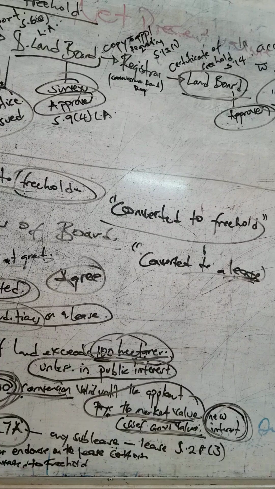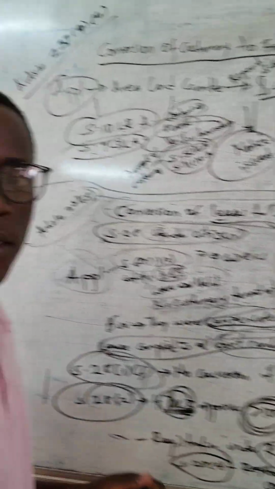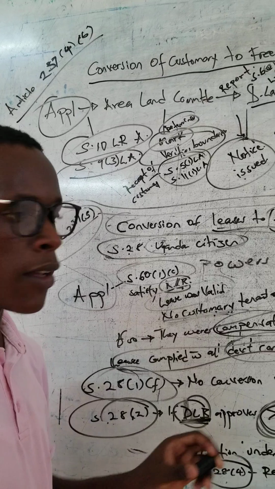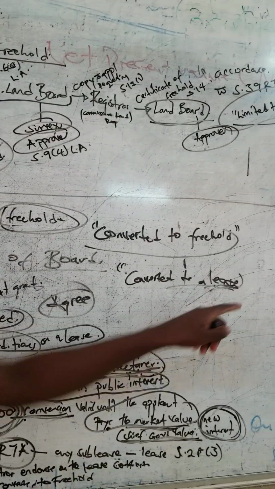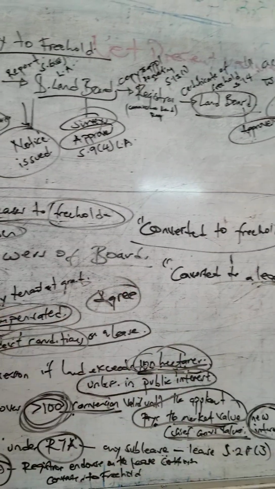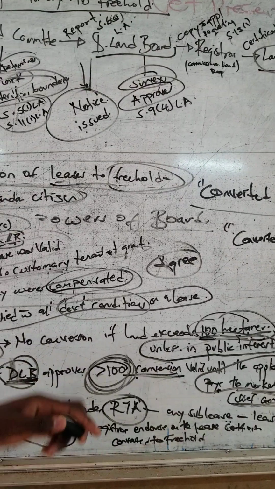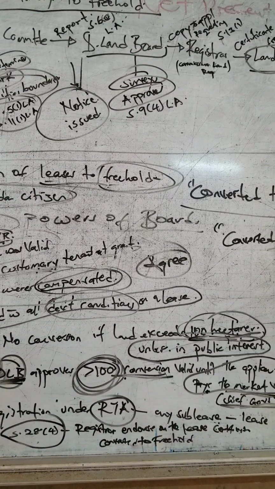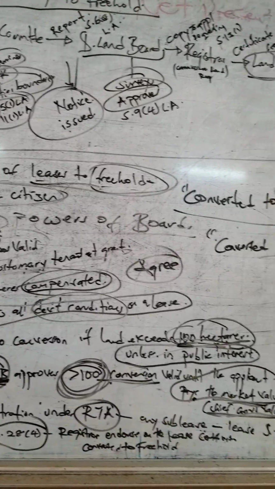It is automatic, it doesn't need an application. Where there is that sublease agreement, the registrar puts those words as endorsement. That is the registrar, or the commissioner of land registration. So bear that in mind.